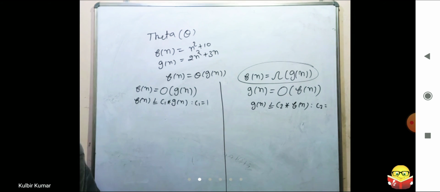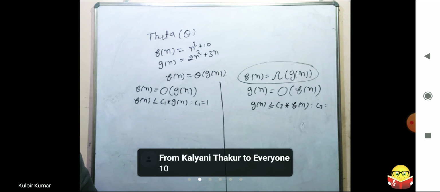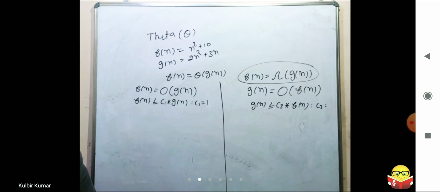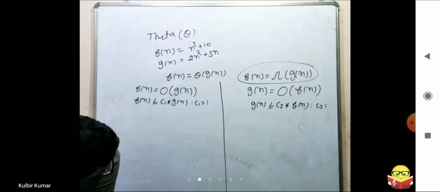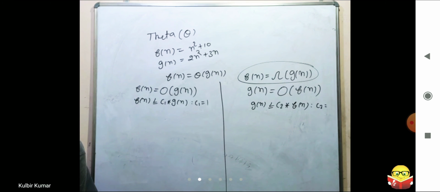Yeah, 4 is also right, 3 is also right, 1 is also right. 10 किसके लिए, c1 या c2 के लिए? c1 के लिए. मीन c1 ग्रेटर देन 3, एनी वैल्यू. ऑफ कोर्स 1 से भी सेटिस्फाई हो जाएगा, डोंट वरी अबाउट इट. 2 से भी सेटिस्फाई हो जाएगा.